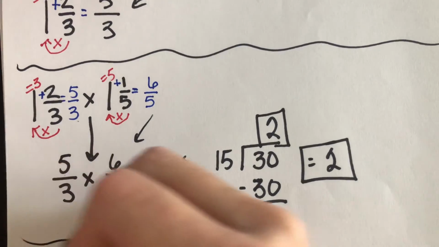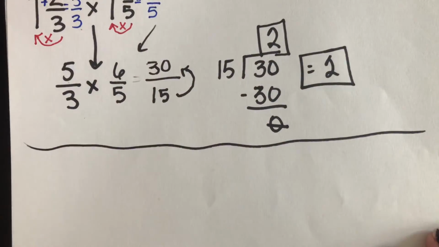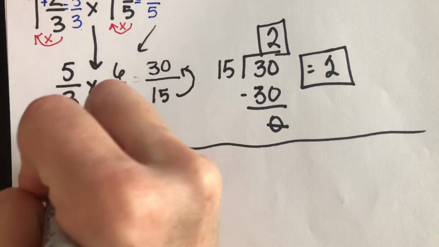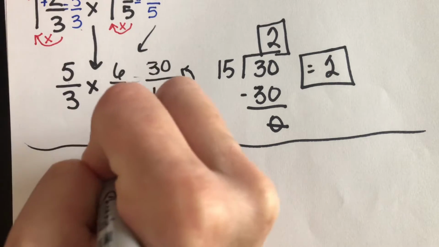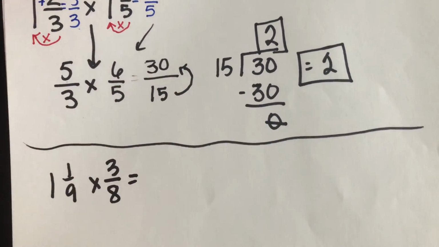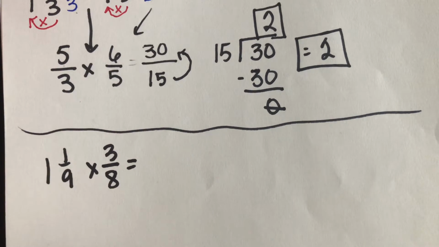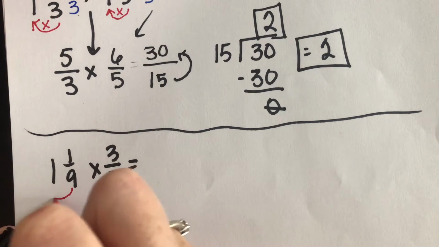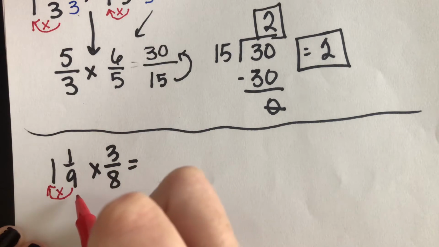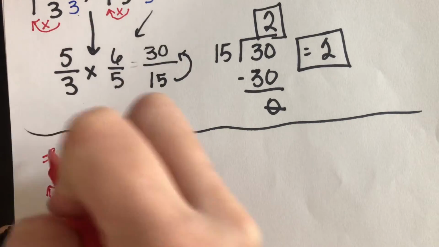Let's try another one. We have 1 and 1/9 times 3/8. Well, the 3/8 is already a fraction, so we just need to change our 1 and 1/9, our mixed number. So here I have 9 times 1, which equals 9.